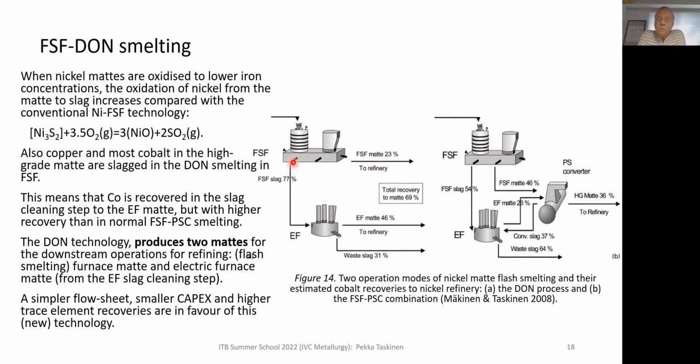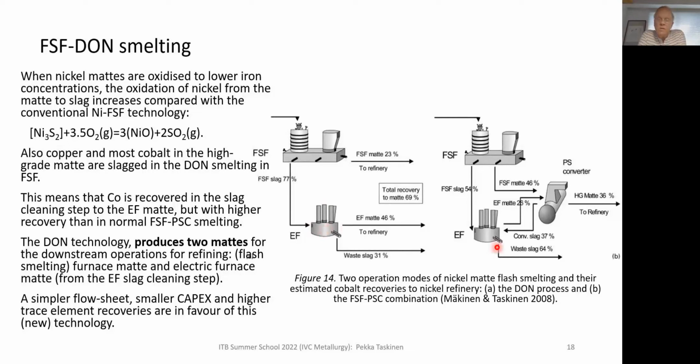And then the slag, which is now high nickel, high cobalt, and its volume is much more than in the traditional flow sheet, is cleaned in a separate electric furnace, and it proved that this slag cleaning actually is rather fast.